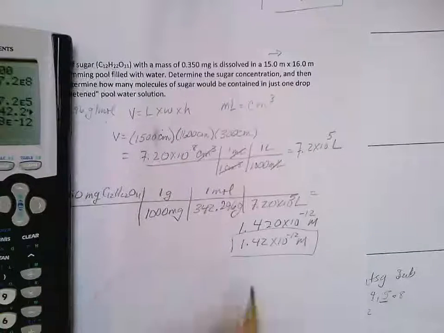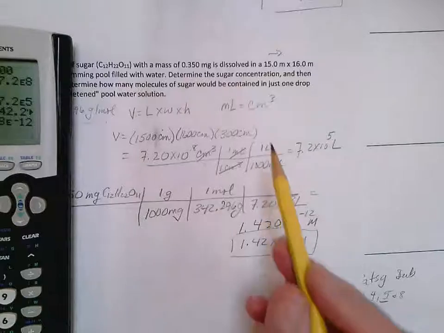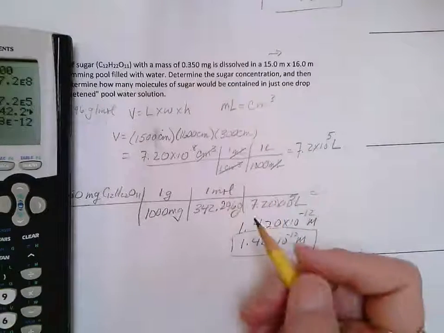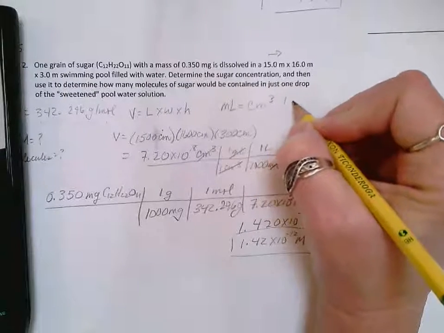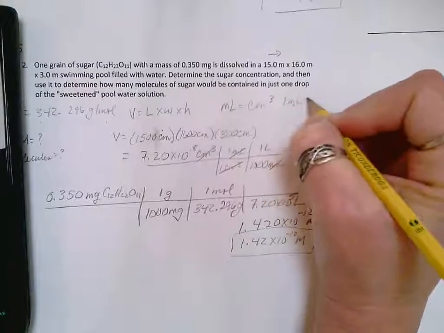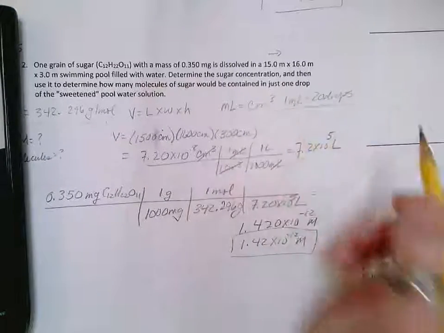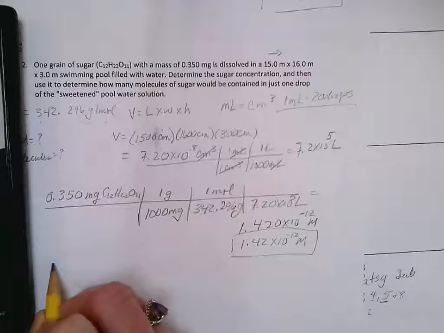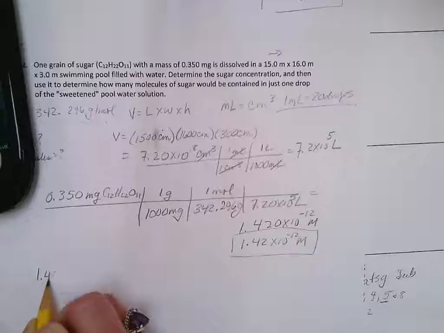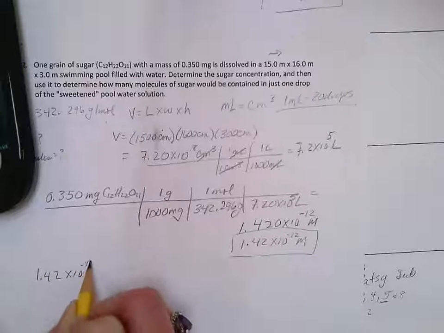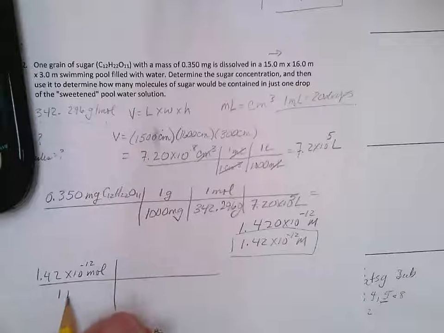Now the second answer is I'm going to take this number and convert it into how many molecules in one drop. The other conversion you need to know is that 1 milliliter equals 20 drops, so I'm going to use that. I'm going to start with 1.42 times 10 to the negative 12th moles in 1 liter.